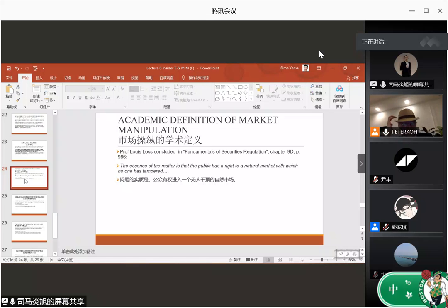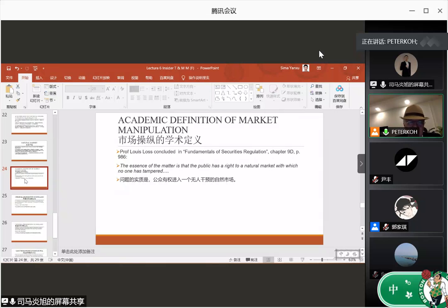No. The definition of market manipulation. Out of my respect, I have to quote Professor Louis Loss of Harvard Law School, who wrote a chapter in Fundamentals of Securities Regulation. He was my mentor, together with Professor Gower. What did he say?